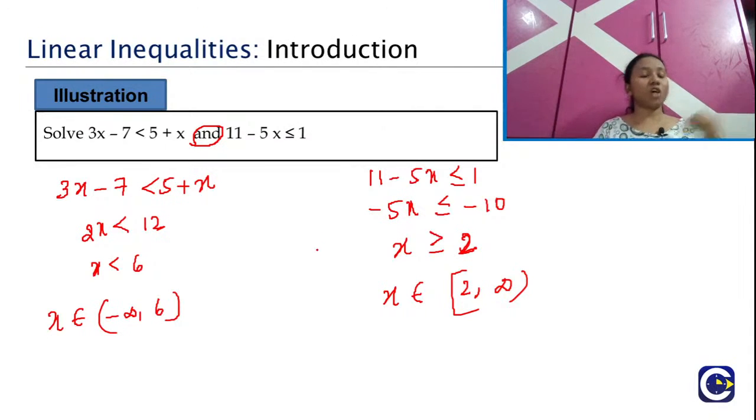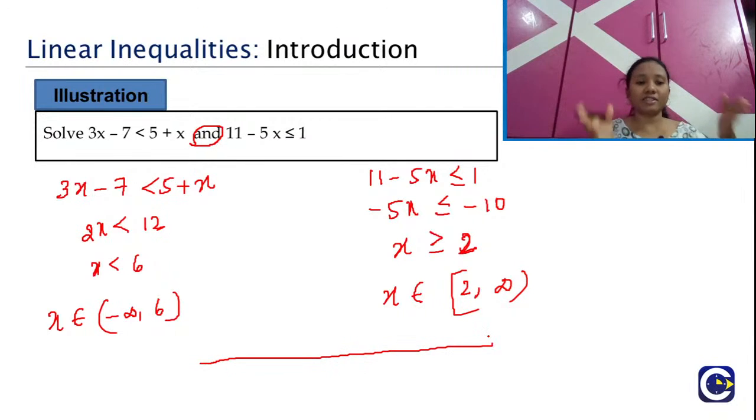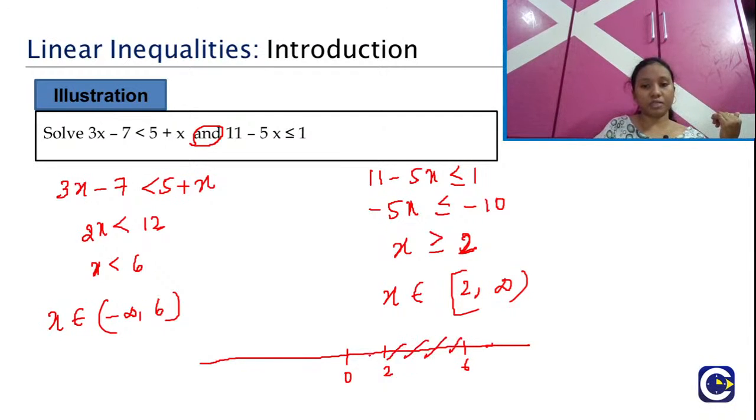But there is an operator between these two inequalities, that is nothing but AND, which is an intersection. It's easy to find the intersection when we plot the elements on the number line. So 2 is somewhere here and let 6 be somewhere here. The first solution is from minus infinity to 6, and the second is 2 to infinity, which includes 2.